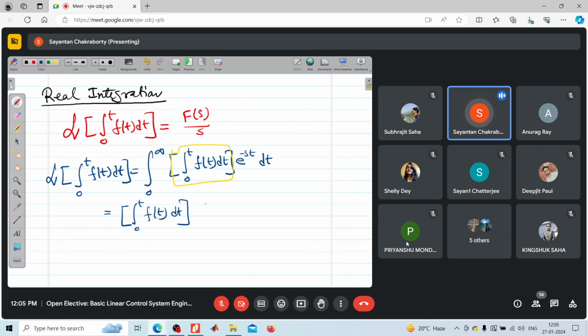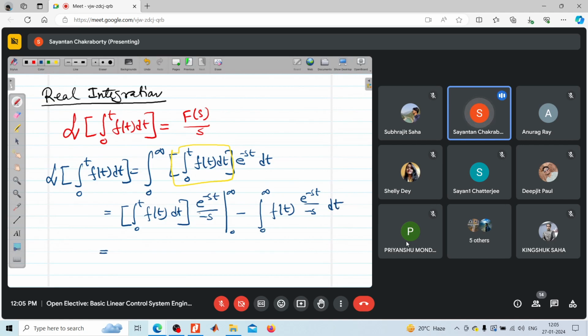So by integrating this, e to the power minus st by minus s from the limit 0 to infinity, minus differentiation of this thing. So this will be simply f(t), 0 to infinity, and this integration of e to the power minus st by minus s dt.